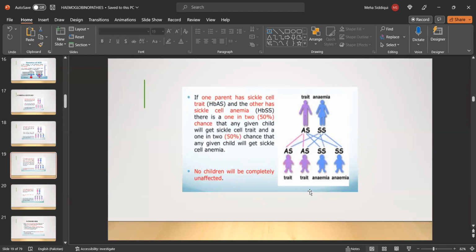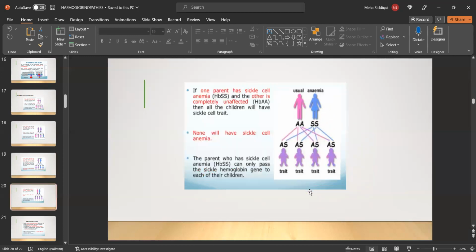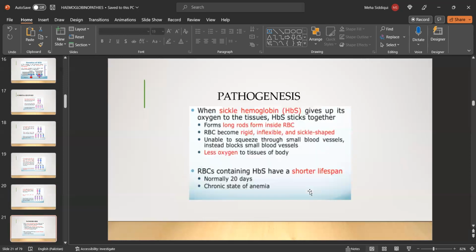And if one parent has sickle cell trait and the other has sickle cell anemia, then there is a 50% chance that the children will be carriers, and 50% chance that the children will be sickle cell anemic. That is, no children will be completely unaffected. And if one parent has sickle cell anemia and the other is completely normal, then all children will have sickle cell trait and none will have sickle cell anemia.